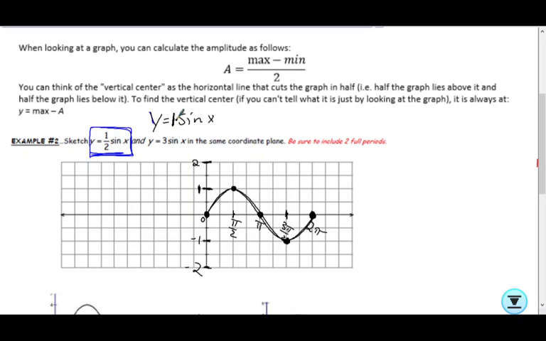So the original amplitude is 1. That's why the distance from here to our maximum is 1. Now my new function, 1/2 sine x, is telling me my new amplitude is 1/2.